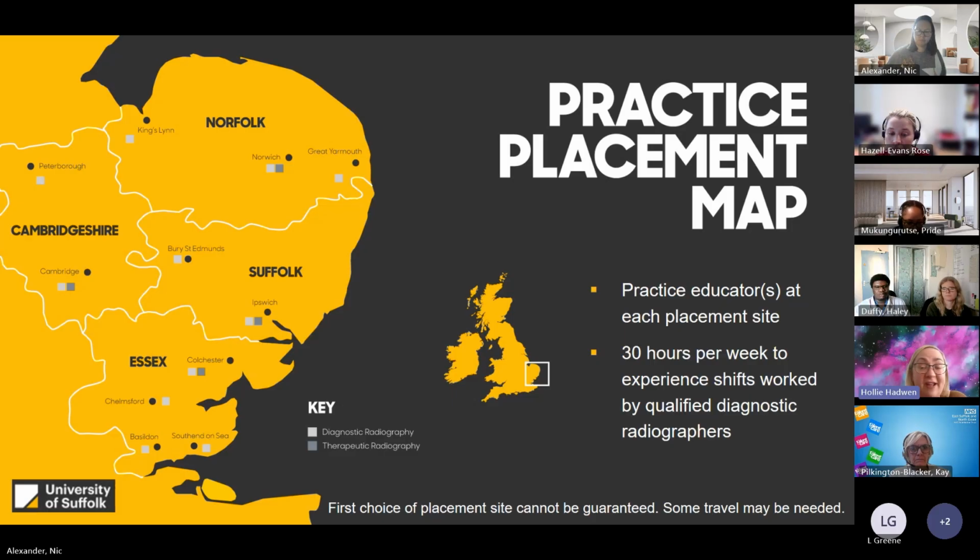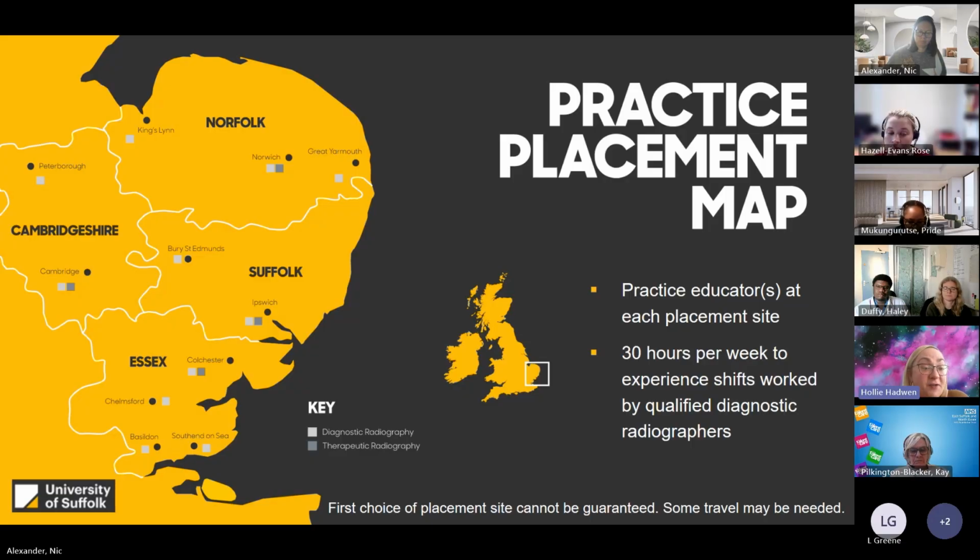These hospitals vary in size and the number of students that they take each year. So, for example, Ipswich will take 8 students each year, whereas the Norfolk and Norwich, being a larger hospital, will take 14 students each year.